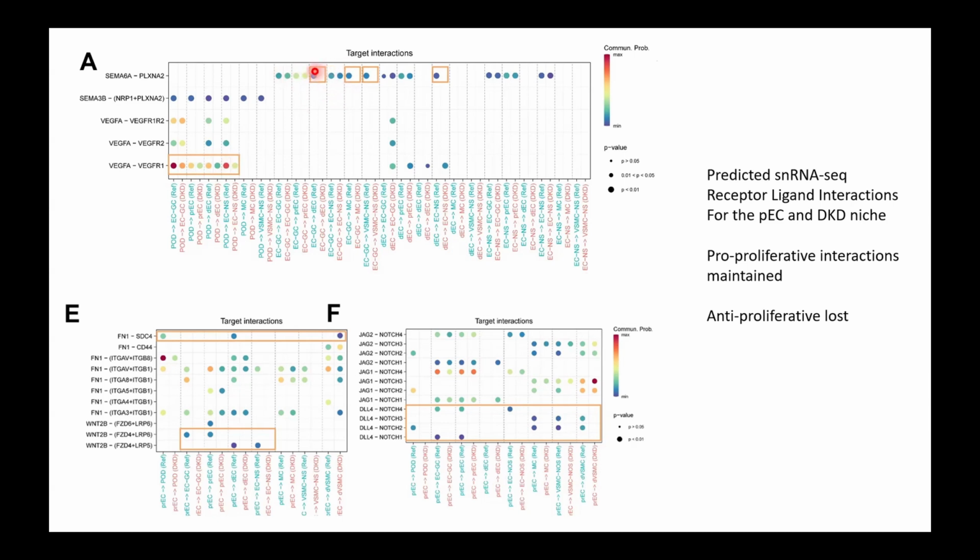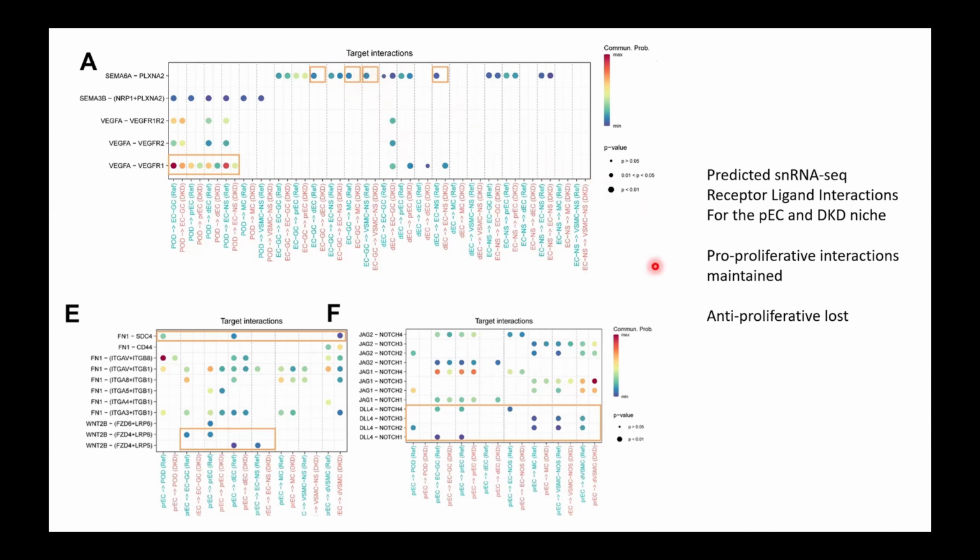We identified this particular receptor-ligand pair, SEMA6A and PLXNA2, that is present in the reference between glomerular capillaries and injury endothelial cells, and also between endothelial cells and mesangial cells here, or glomerular capillaries and these non-specific cells. They're simply gone, right? So on the left side you have the communication in the reference, but in the DKD, this is gone.